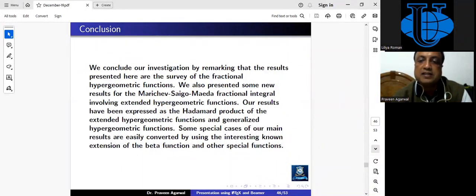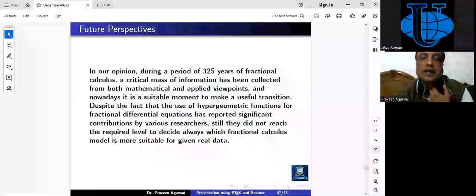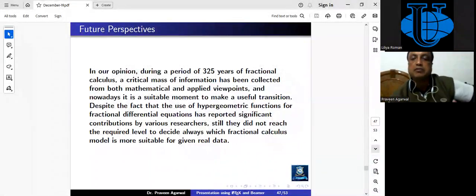Some special cases of our main results are easily derived by using the interesting known extensions of the beta function and other special functions. In our opinion, during a period of 325 years of fractional calculus, a critical mass of information has been collected from both mathematical and applied viewpoints. And nowadays, it is a suitable moment to make a useful transition.